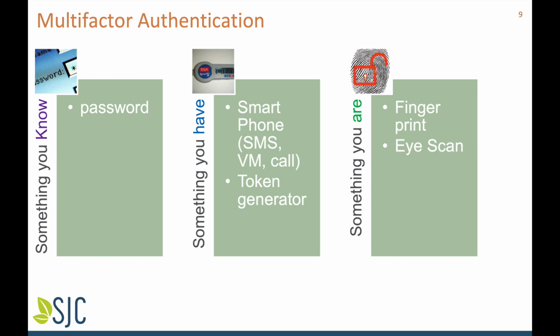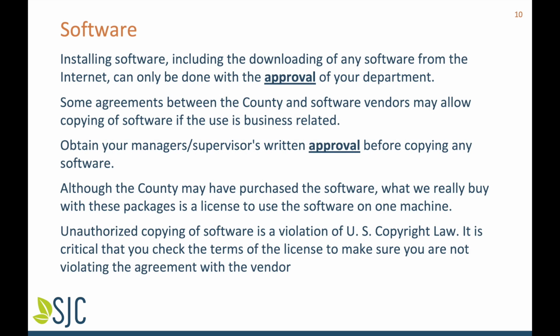It's very hard for our adversaries. They may guess your password, but if you are using something you have or something you are, they cannot log in because they don't have access to that second factor. So that's why multi-factor is so important.